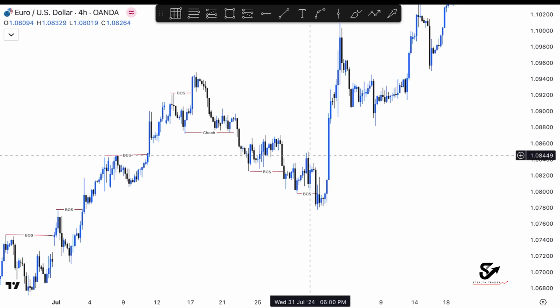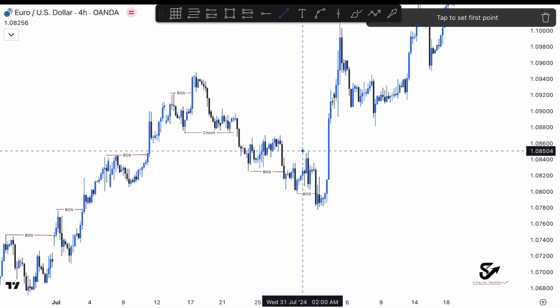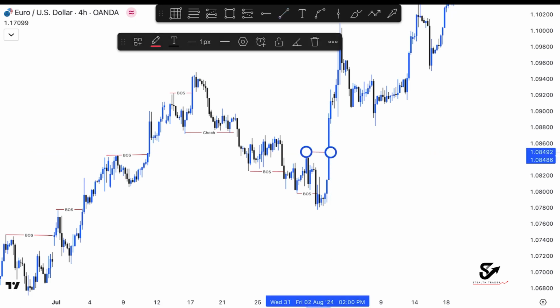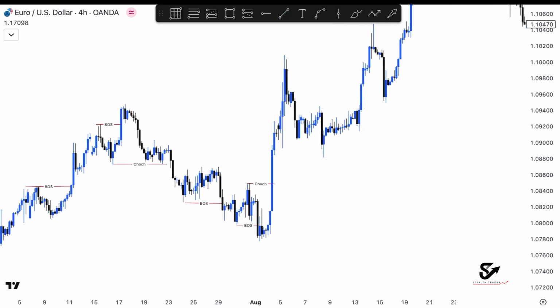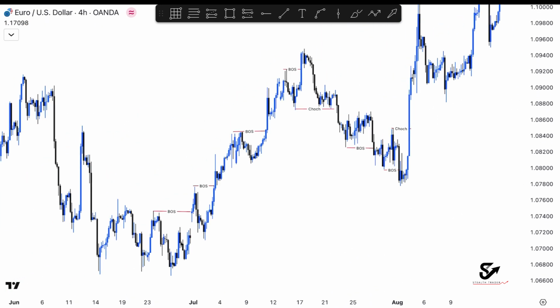Because price broke this lower high here, we call that a change of character again, and then price started moving to the upper part of the chart. So we call that a change of character here. And that is how it happens over and over again.